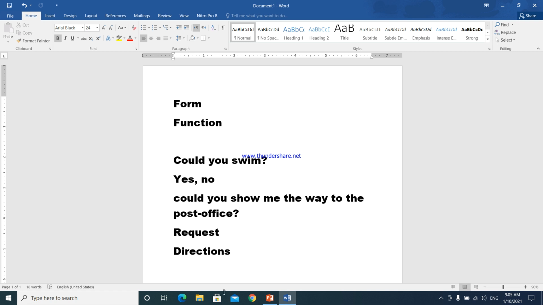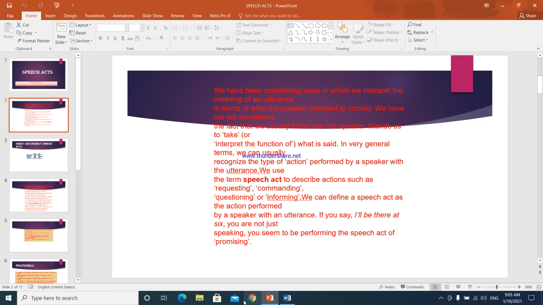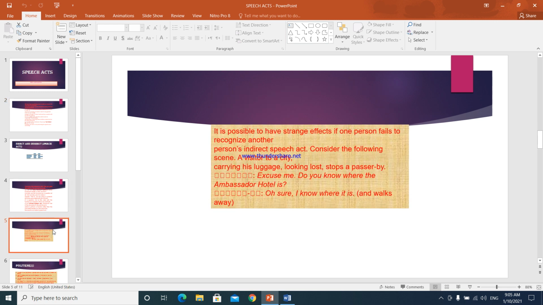That's why speech acts can be put in three types, let's say. There are three types of speech acts, or they have three subdivisions actually, because the types are different. There are about 6 types of speech acts. First, we have locutionary acts.